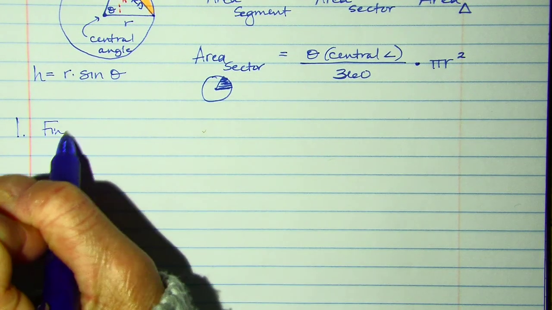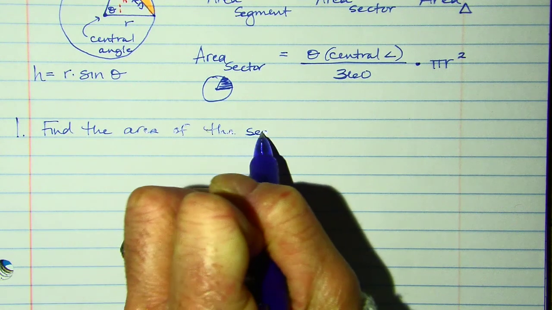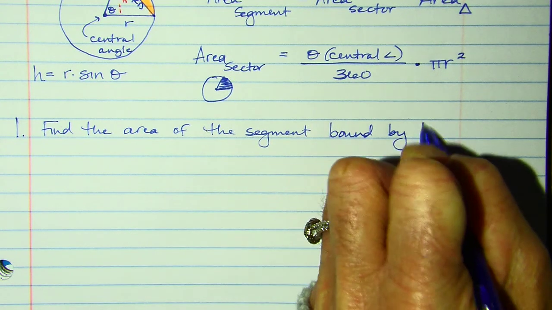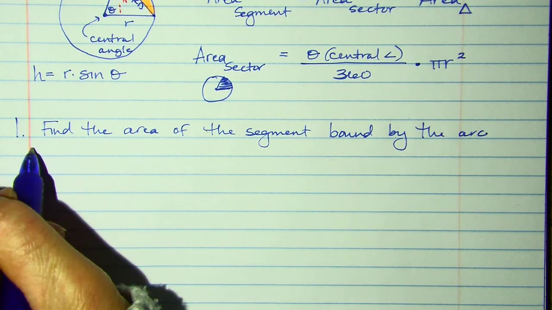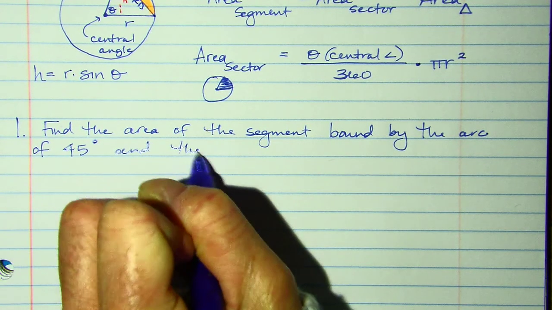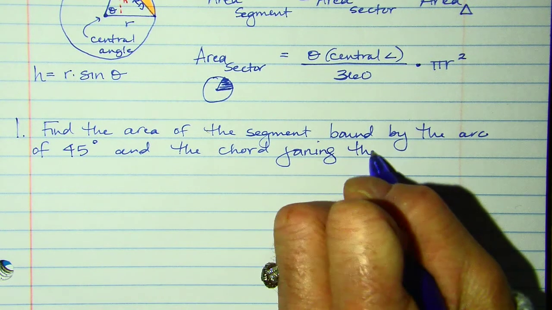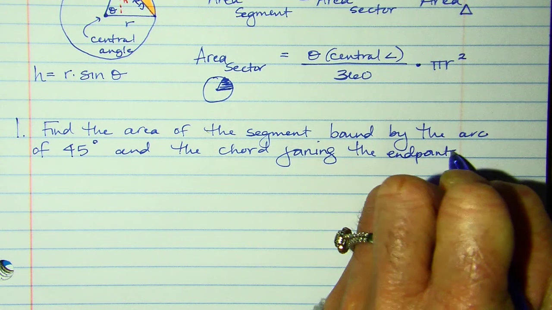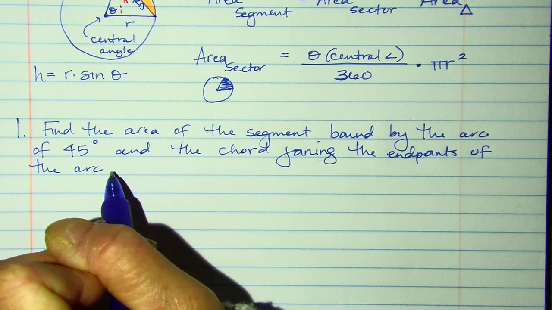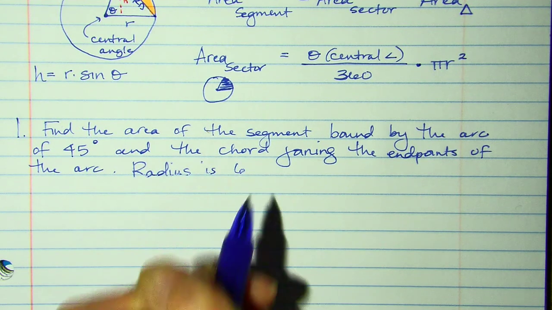So find the area of the segment bound by the arc of 45 degrees and the chord joining the endpoints of the arc, and the radius of our circle is 6.